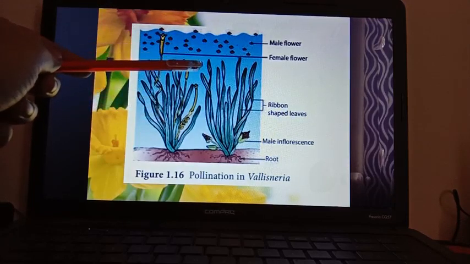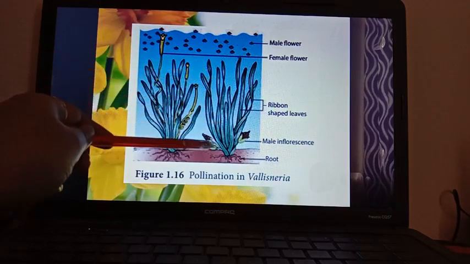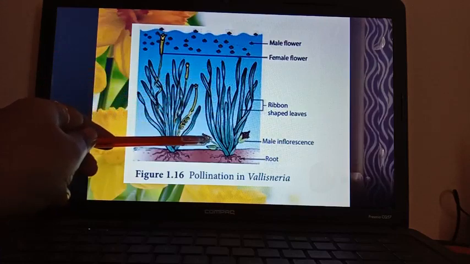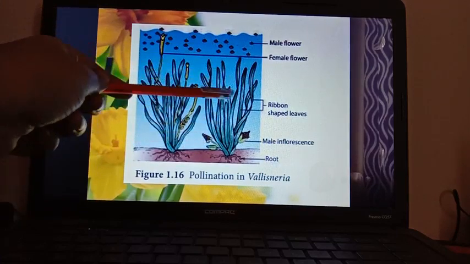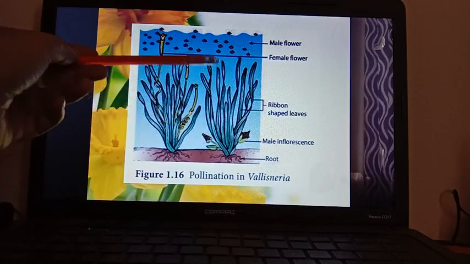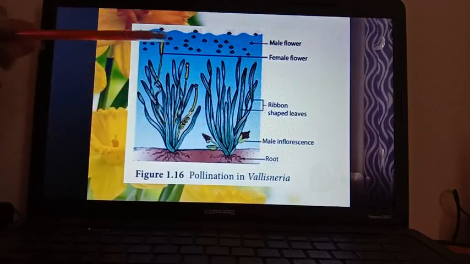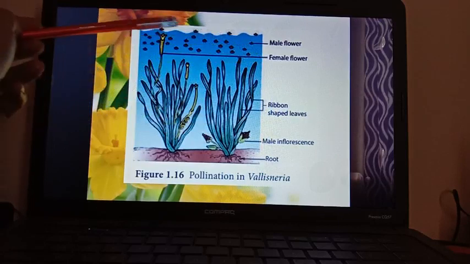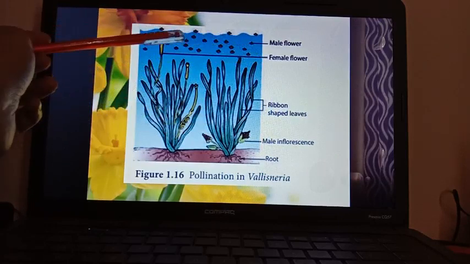What happens after maturation: the male flowers get detached from the plant and float on the surface of the water.